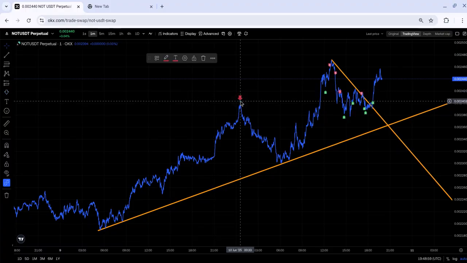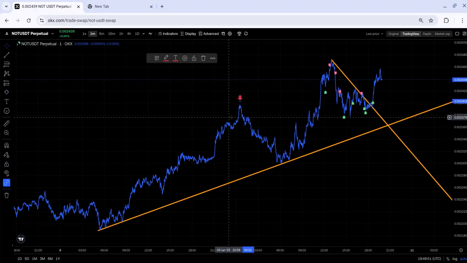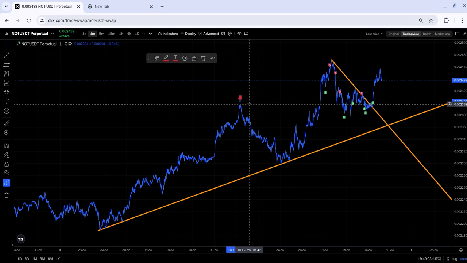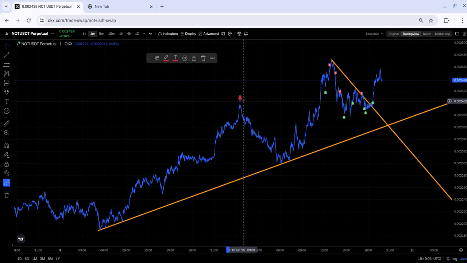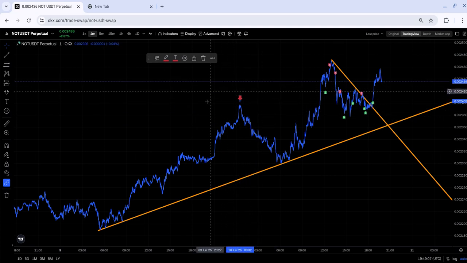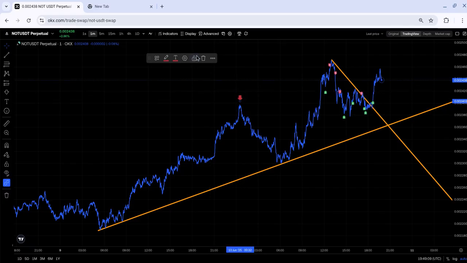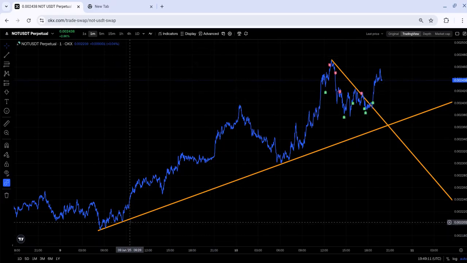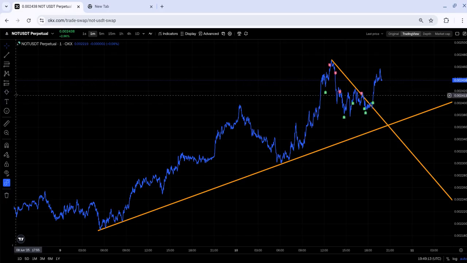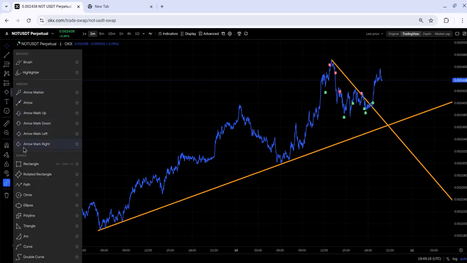If the touch point, for example, is the higher touch point at the resistance, it becomes red. But in this case here, when the touch point is up, it is kind of bullish.